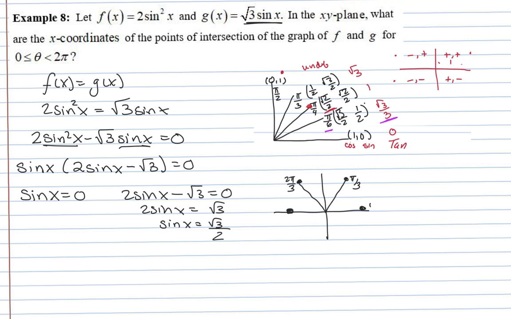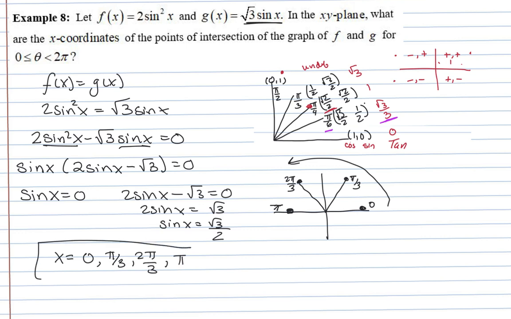So this would be at 0 and at pi, because we're going this way around. So those are our answers, I believe. So we have x is equal to 0, pi over 3, 2 pi over 3, and pi. Those are all my answers where sine is equal to 0 and square root of 3 over 2.